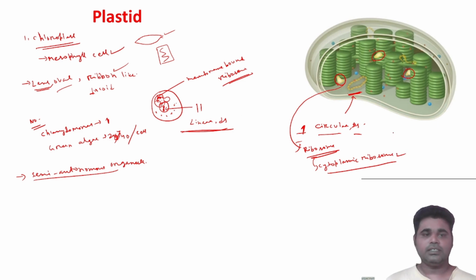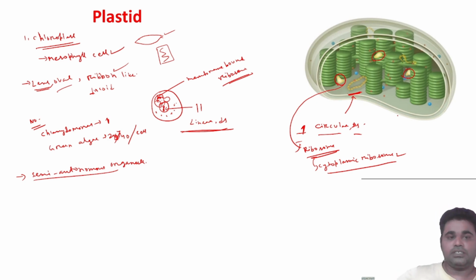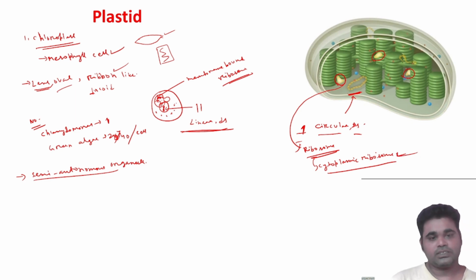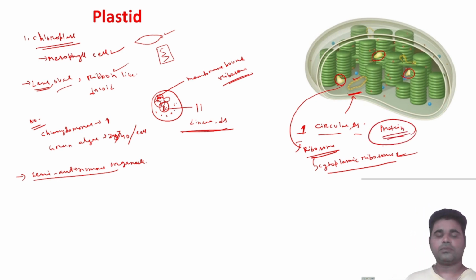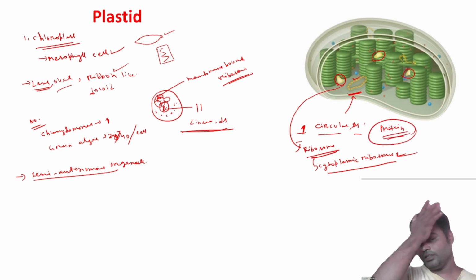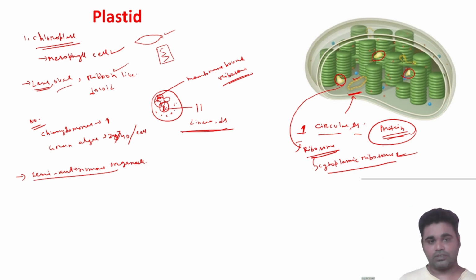Because the ER is not present in the chloroplast, only the cytoplasmic ribosome is present in the chloroplast. Because of the presence of the DNA and the ribosome, it can synthesize its own protein. That means it does not depend upon other organelles for the protein part.